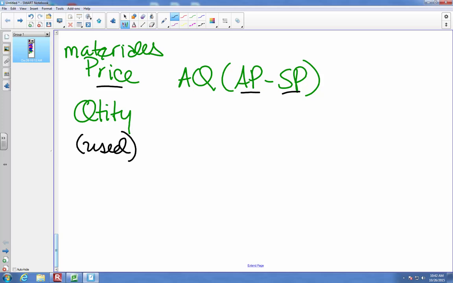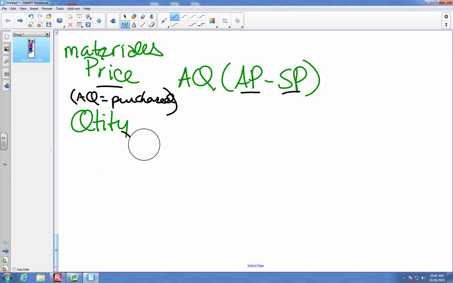So for your price variance, your AQ equals how much you purchased. And here your AQ is how much you used. This is the only variance I can promise you where you've got two different actual quantities. Right now I'm just going to write it down, but I'm going to hopefully make it more relevant as we go on.